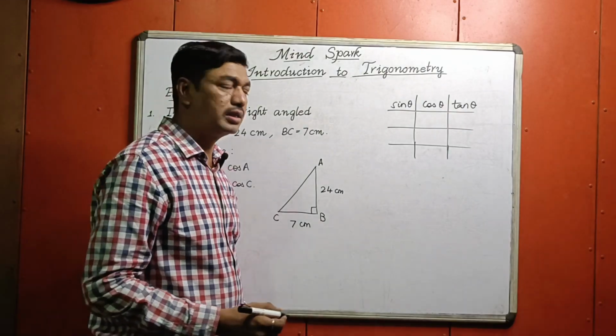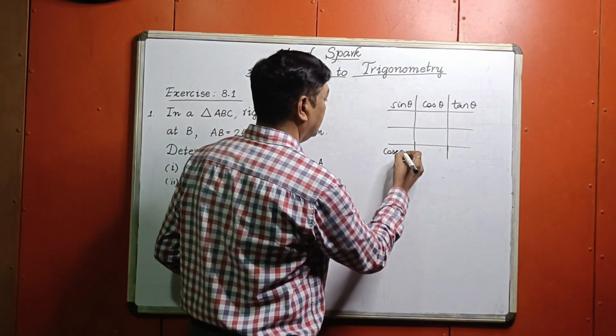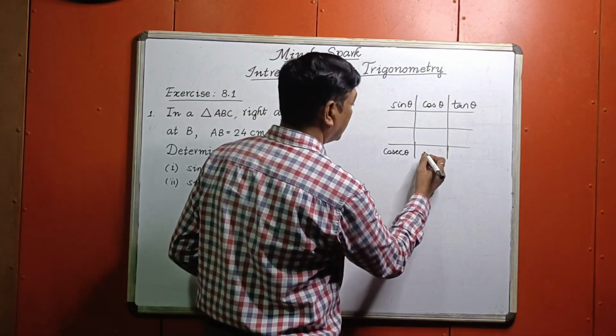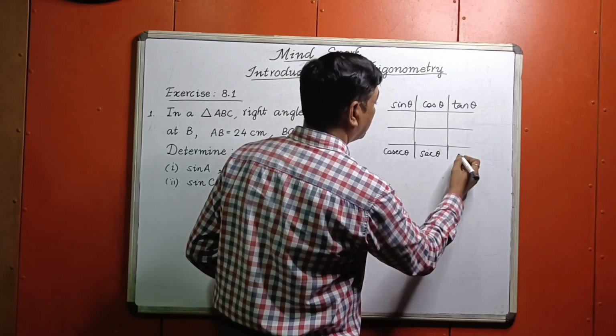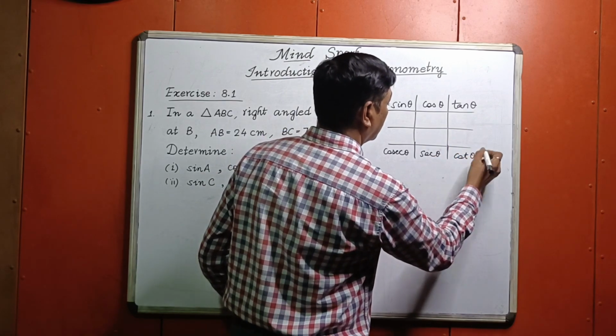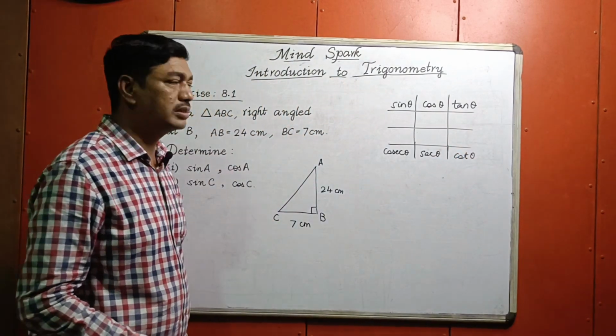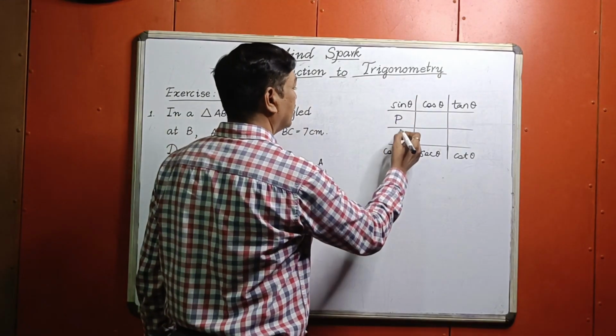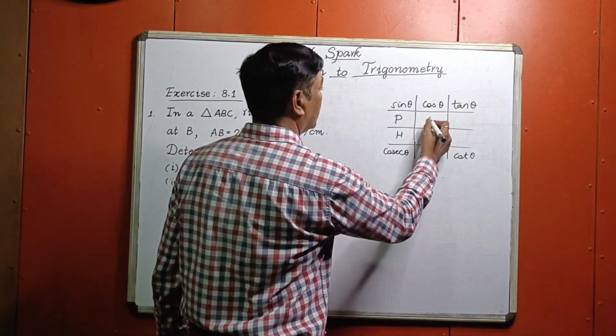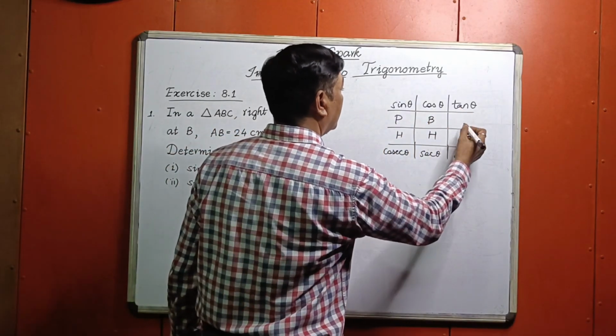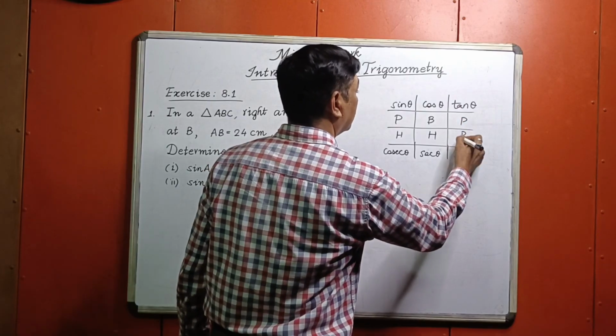Reciprocal of sin theta is what? Cosecant theta. Reciprocal of cos theta is what? Secant theta. And reciprocal of tan theta is cot theta. So what is sin theta? Sin theta is perpendicular by hypotenuse, and cos theta is base by hypotenuse, and tan theta is perpendicular by base.